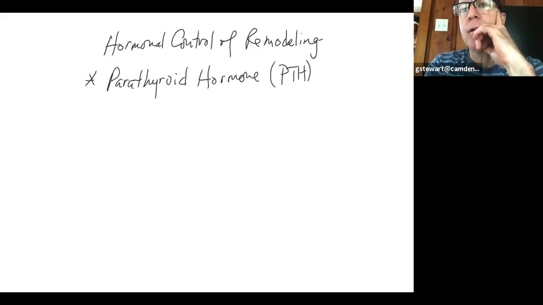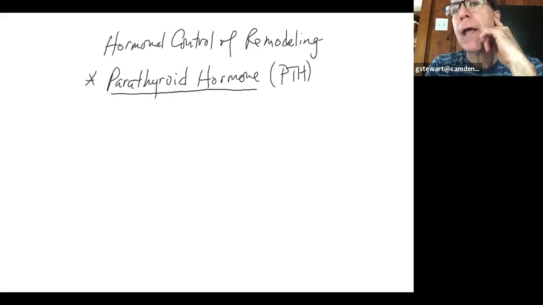So where does this come from? The parathyroid glands are located inside of the thyroid gland. The thyroid is in the neck, wrapped around our trachea, right below our voice box. So where your Adam's apple is, right below that, if you poke your neck, you're poking your thyroid gland.